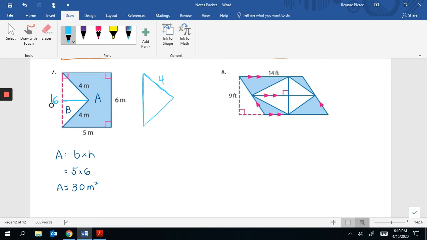Okay, and why that is helpful, the height here not only bisects the base, but it's also perpendicular to the base. Okay, so we can use the Pythagorean theorem here to find the height of this triangle.